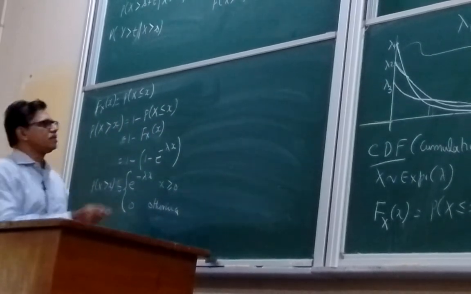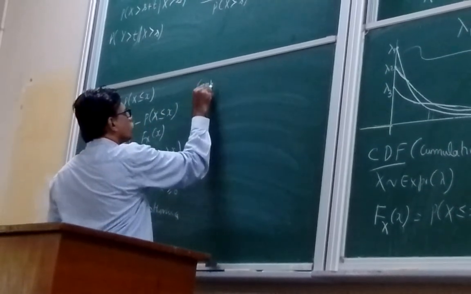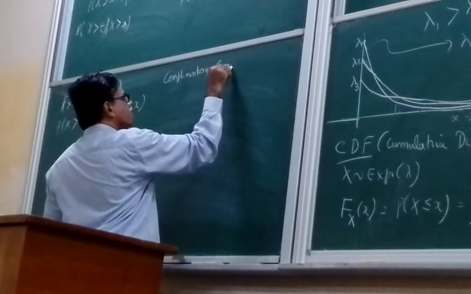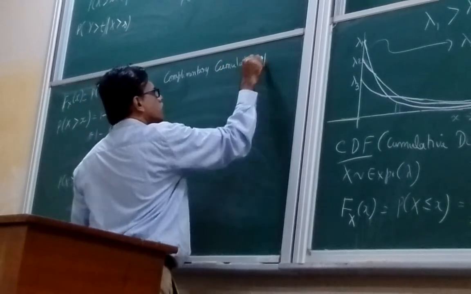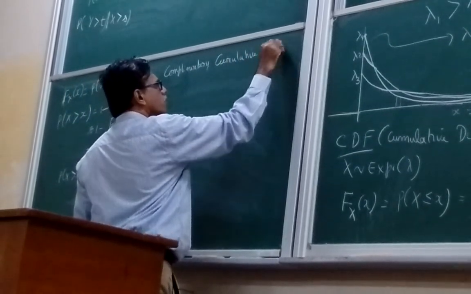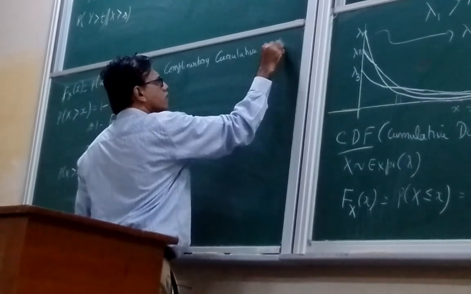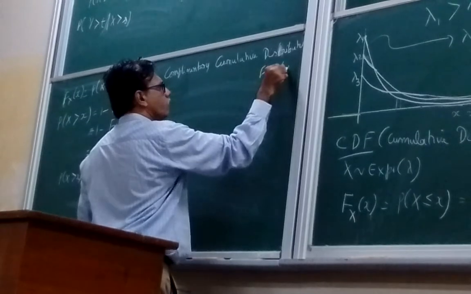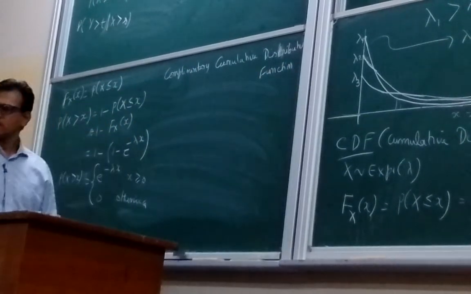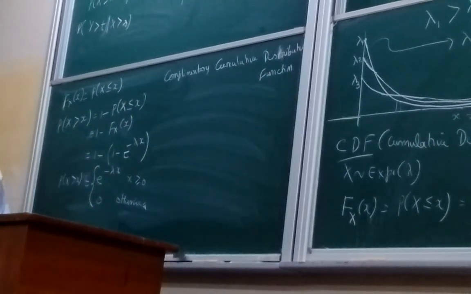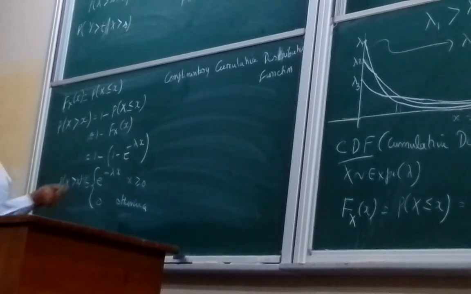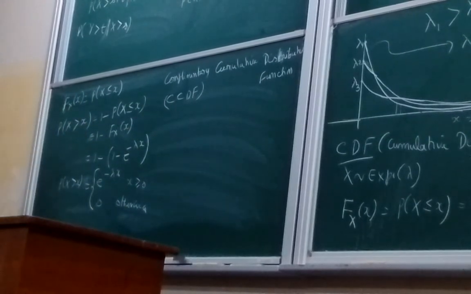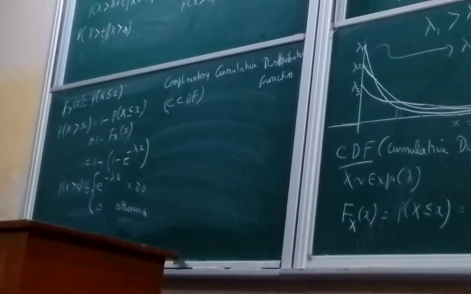So we will call this the complementary cumulative distribution function. In short, CCDF is the abbreviation we will use. So that is given by this.